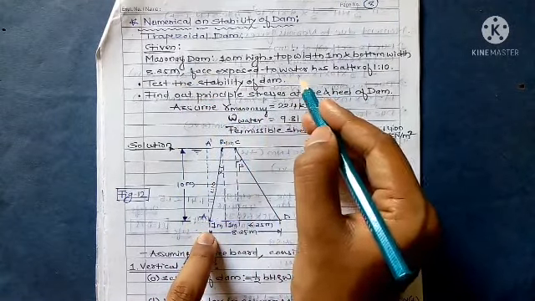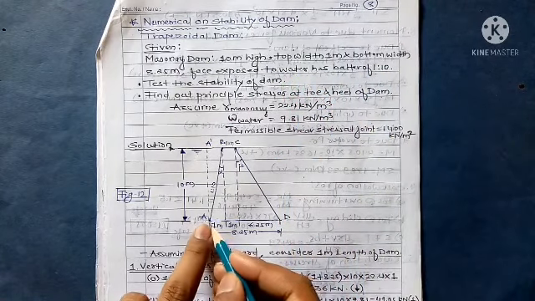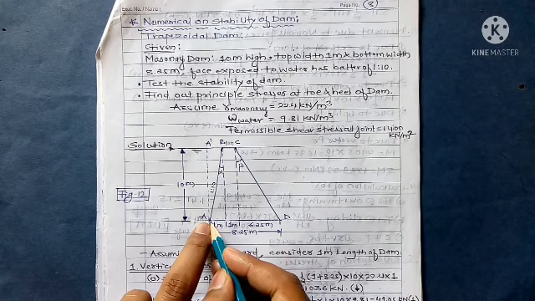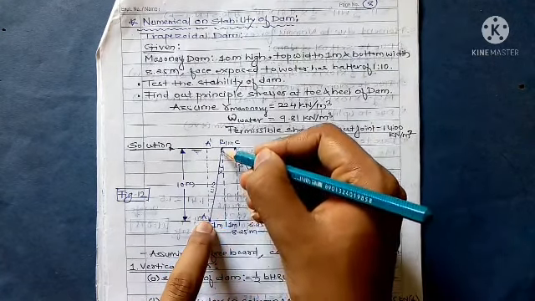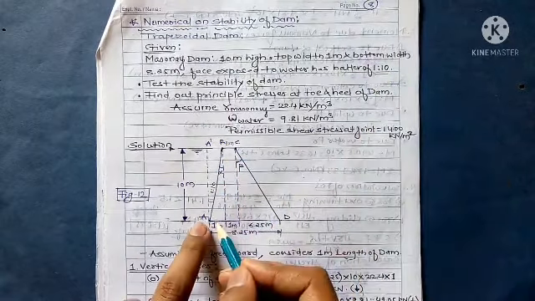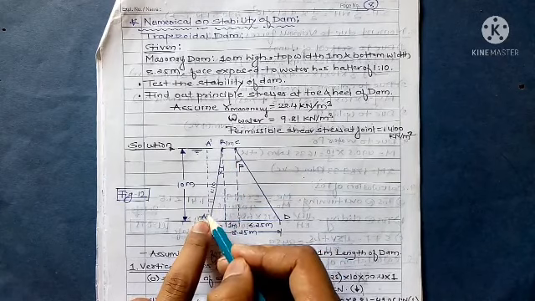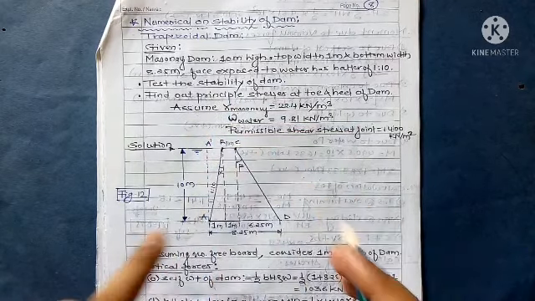Face exposed to water has a batter of 1:10, means 1 is horizontal, which is at the bottom, 1 is horizontal, and 10 is vertical. 1:10, 1 is horizontal, 10 is vertical. So this is diagram.